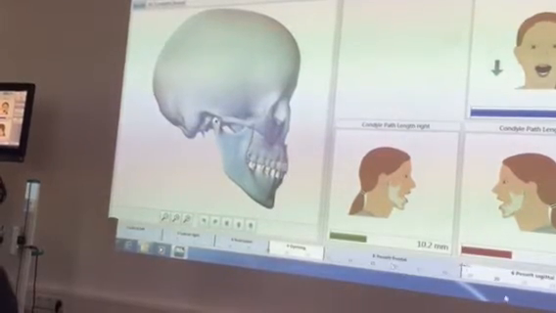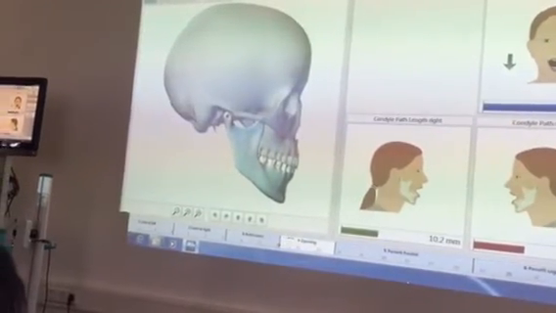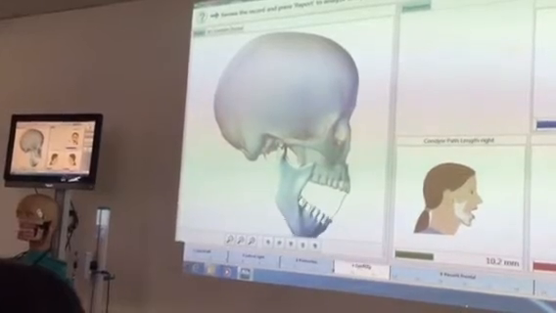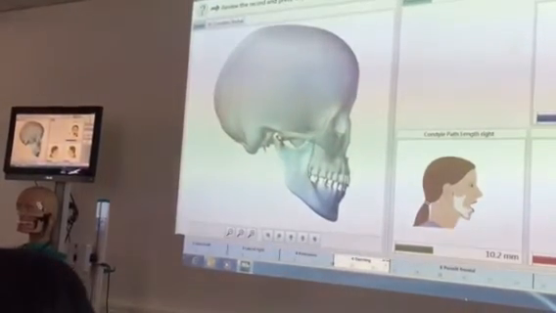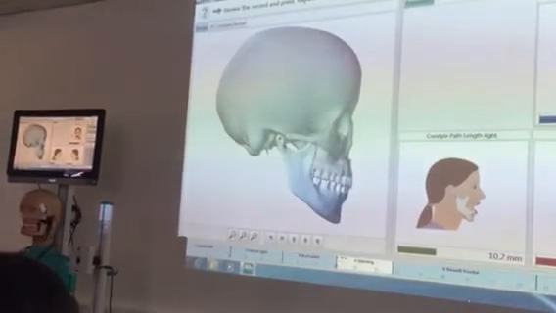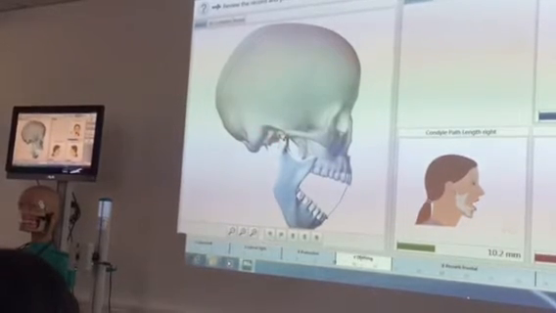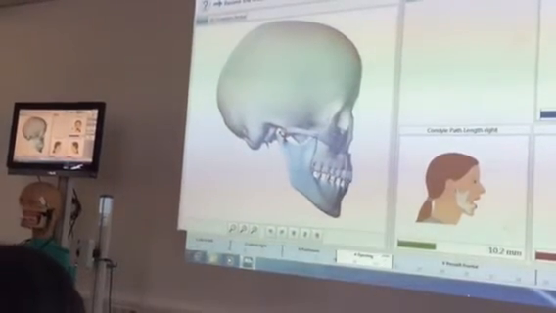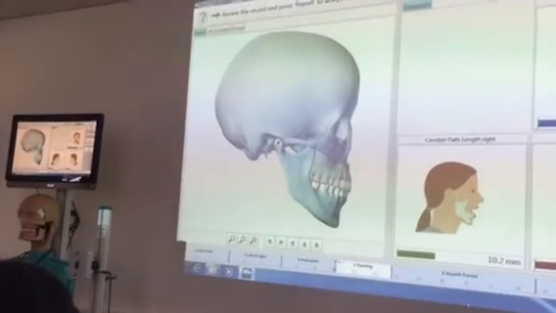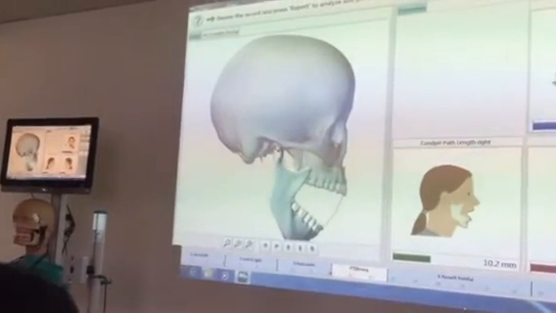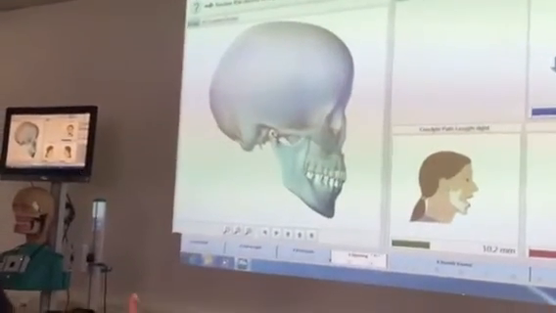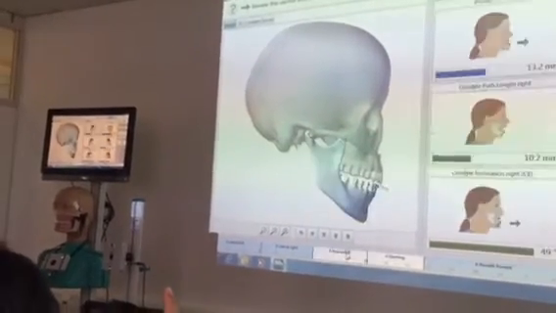For example, I can also switch off this, and now the system will only show the opening and closing movement. Here you can see the movement in the condyles while doing that. Yeah, and then I switch it on again.